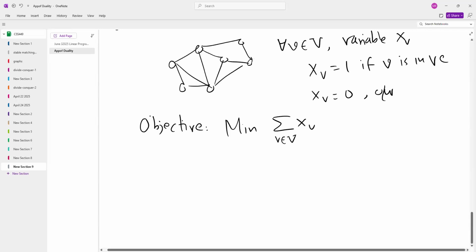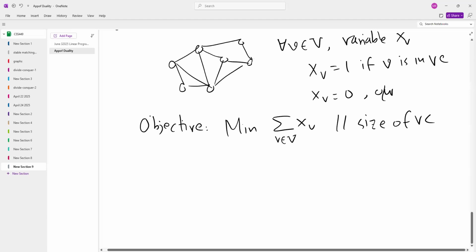This term will turn out to be the number of chosen vertices, because if a vertex is not chosen, it's 0 and doesn't contribute to the sum, but if it's chosen, it contributes 1. So I add up all the ones and I get the size of the vertex cover, and I'm trying to minimize that size.